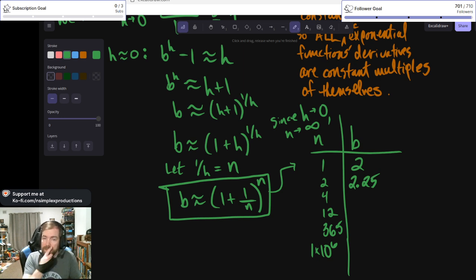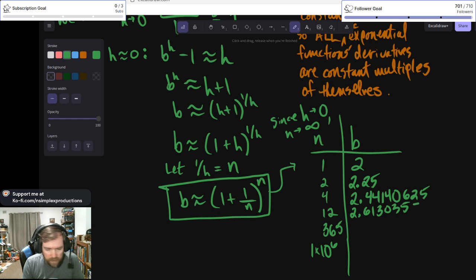4 is likewise going to be 5/4 raised to the 4th power, which ends up getting you 2.44140625. That terminates. 12 is going to be 2.6130352902236.